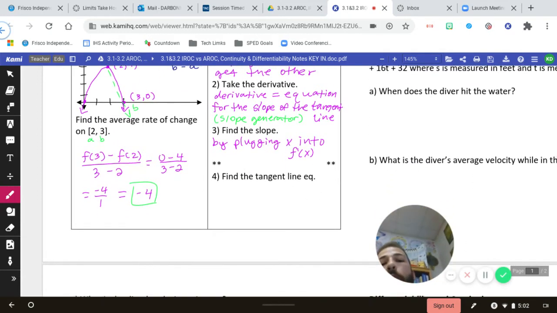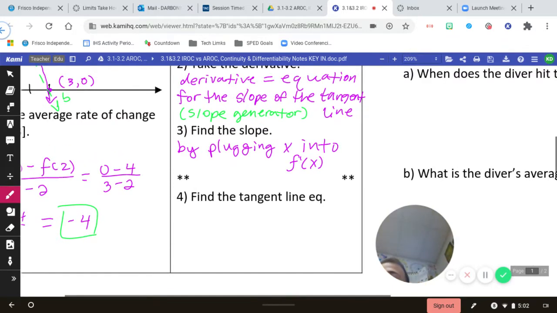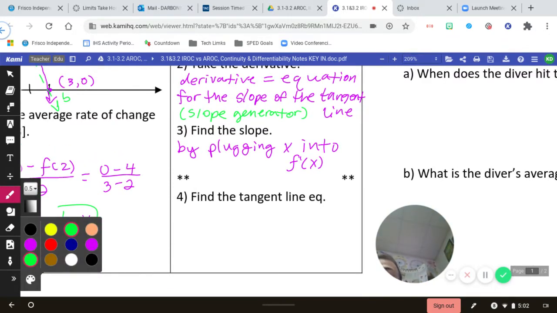Okay, now one thing that you might have to do, just if needed, you're not going to always have to do it. You might also have to find the tangent line equation. Okay. Now, as a reminder, that is y minus y1 is equal to m times (x minus x1).